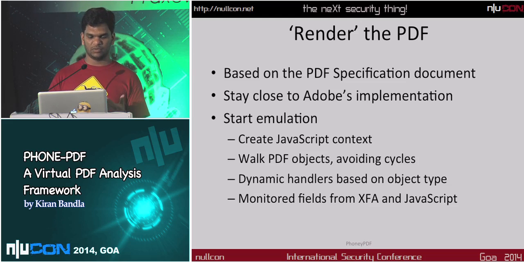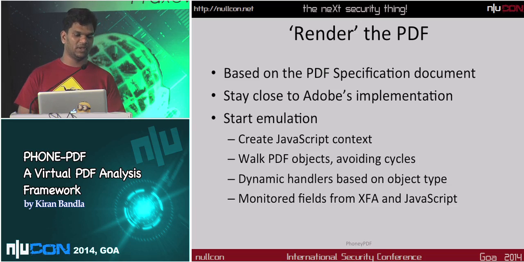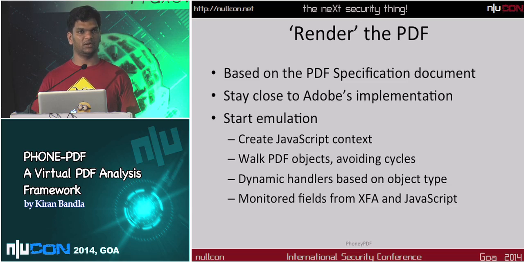And so, the render process starts by creating the context in JavaScript and then parsing out the cross-reference table, and getting the trailer object, and from the trailer object you get the catalog object, and from the catalog object is where you have the first object that gets loaded into PDF. That object could have other dependencies, and I'll show you in an example how it's done.